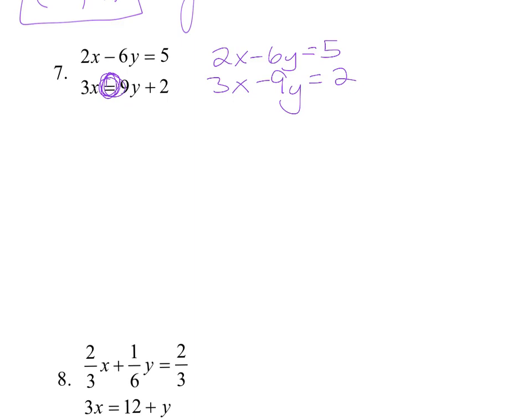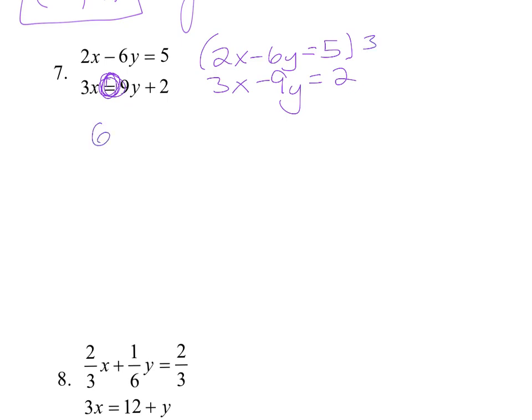Okay, I can multiply by 3 and then by 2 to get rid of the x's. But the y's, what do I have to do? I'm still going to have to multiply by 3 and 2 to get the y's to be 18s so they cancel. So let's try this. Okay, so what happens when I multiply the first one by 3?